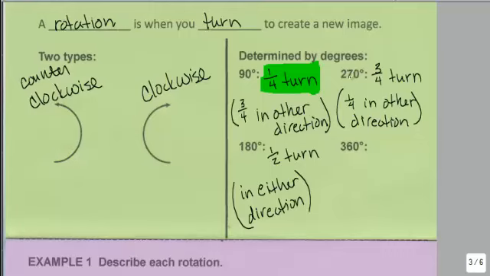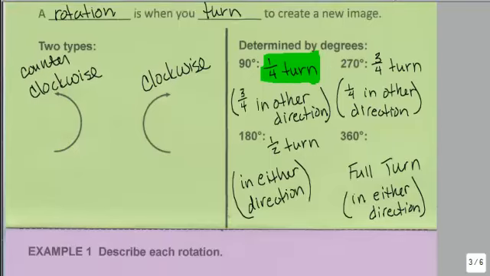So 270, it's actually easier to move in the other direction, 90 degrees, if that makes any sense, because 270 plus 90 is 360. But you will, of course, see examples of this in a minute. 360 is a full turn no matter what direction. So 360 is when you turn all the way around and you're facing the same direction again.